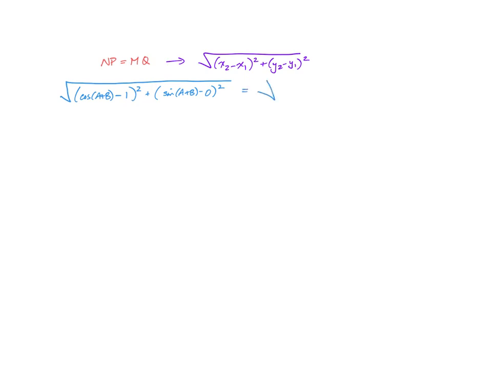That's equal to the square root of, and now I can come up with the length of MQ. So I have the x-coordinate at M minus the x-coordinate at Q, squared, plus the y-coordinate at M minus the y-coordinate at Q, squared.